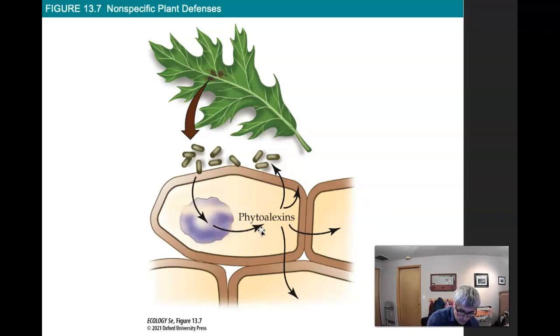So it's kind of a three-part response, you might think. The bacteria is detected, antimicrobial agents are produced within that cell, lignin is produced to create more of a barrier between that cell and nearby cells to quarantine off that infection, and then other cells are made aware of that and start to produce phytoalexins as well.